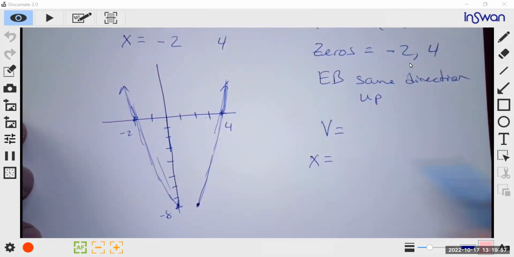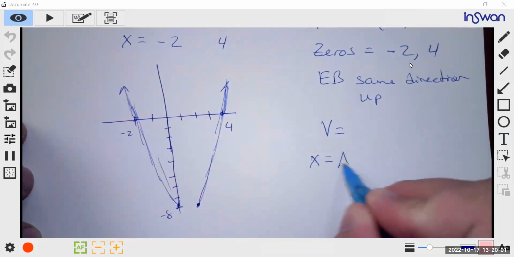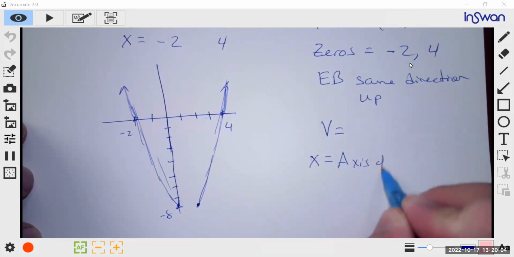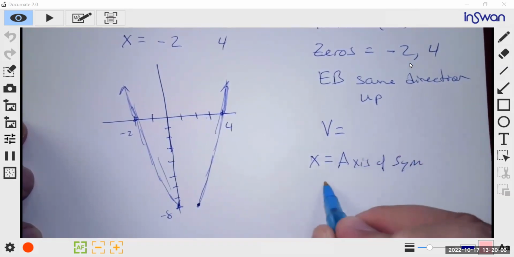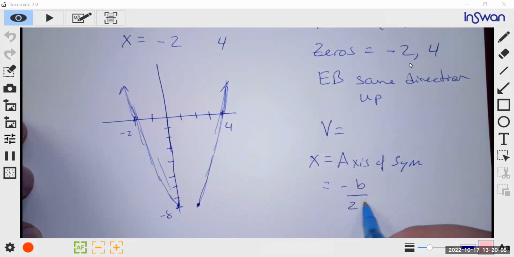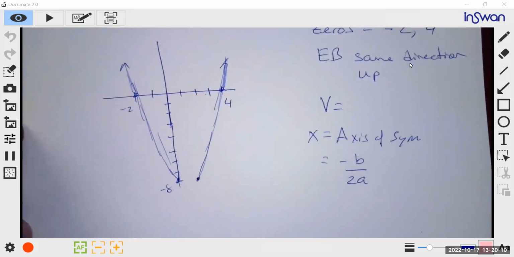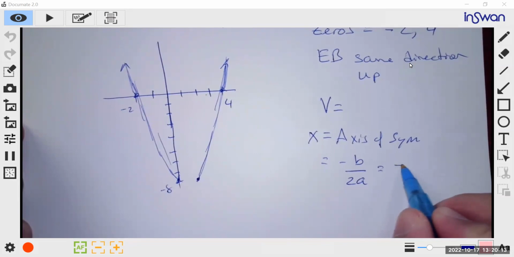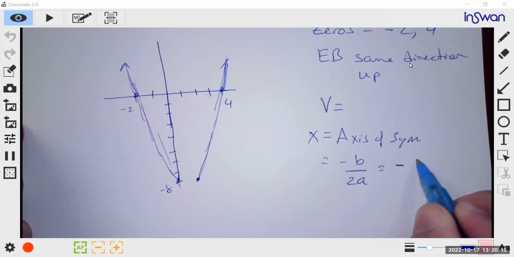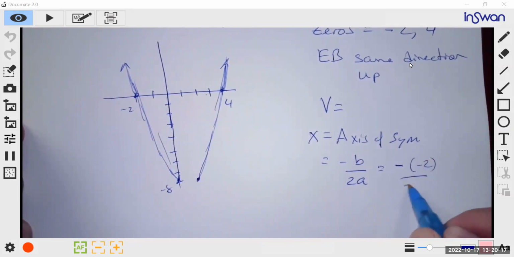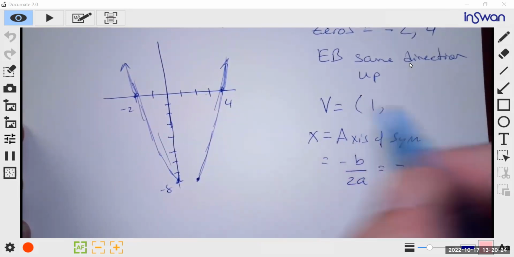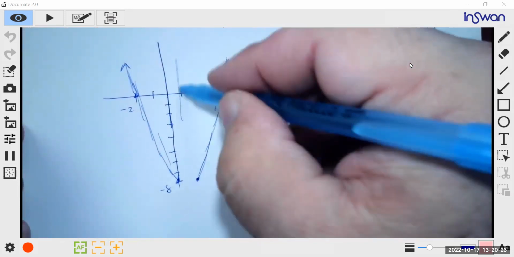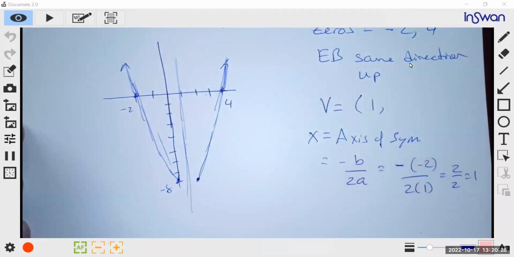What's the axis of symmetry? This is also the axis of symmetry: -b/2a. So b is what? -(-2)/(2 times a), and a is 1. So 2/2 is 1. So at x = 1 is the axis of symmetry. That's where the vertex has to go.